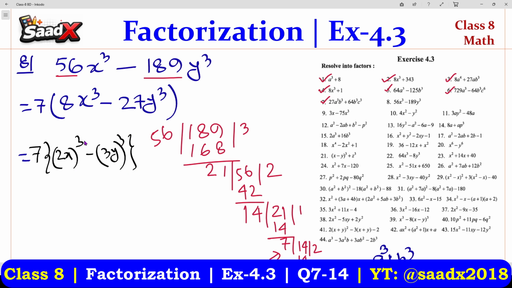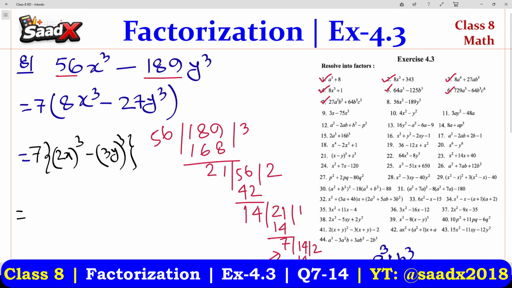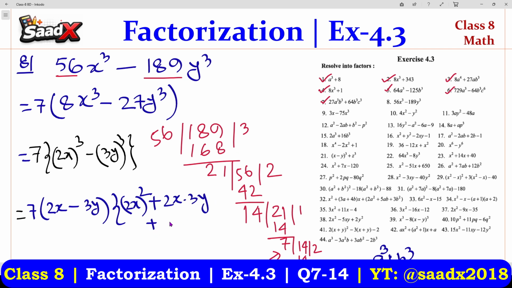Now it's looking like a³ − b³. Now we are going to a simple format, which is a³ − b³ = (a − b)(a² + ab + b²). So in this case we can write 7, then (2x − 3y), then (2x)² plus 2x times 3y plus (3y)².